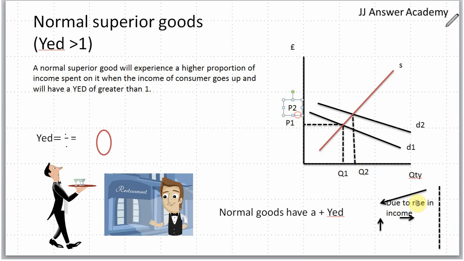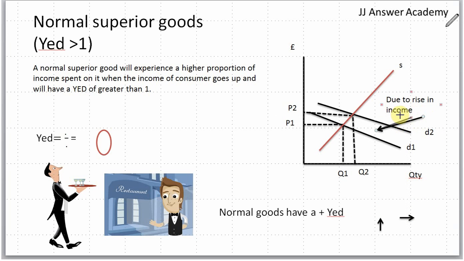Price goes up from P1 to P2 as the demand is increased. And as I said initially, the shift of D1 to D2 is because of the income effect.